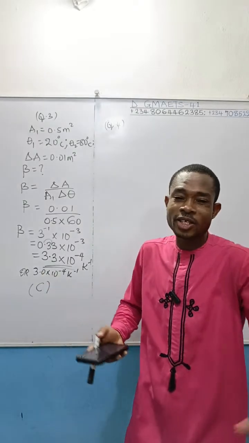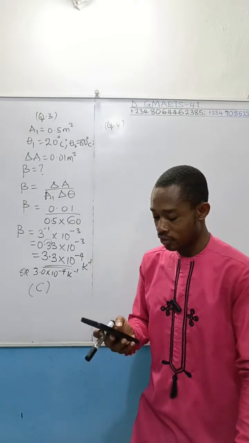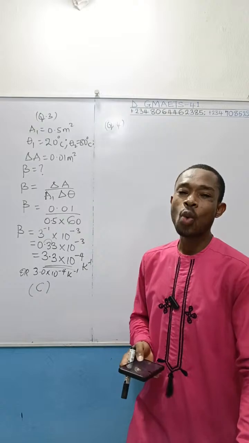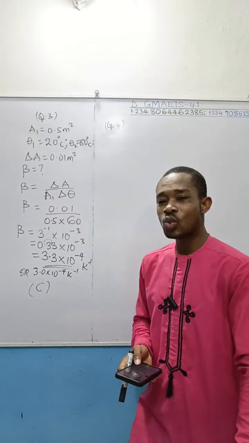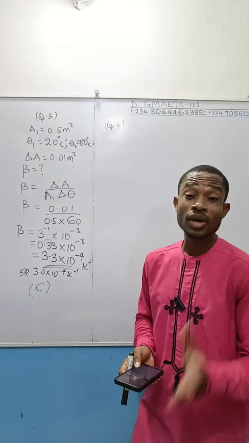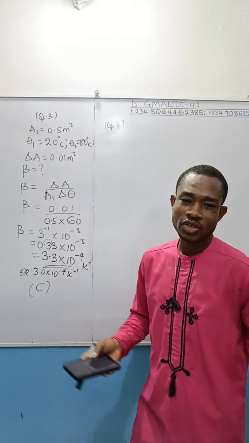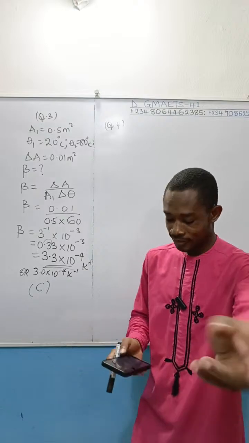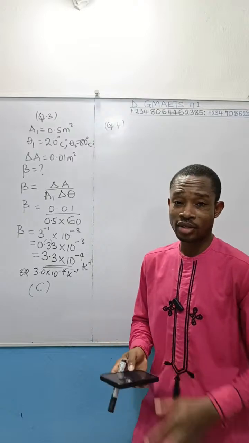Based on personal experience and how these coefficients are given in standard form, I'm expecting 1.1 times 10 to the power of minus 6. That's what I'm thinking of, but who am I to change the question provided? I'm going to solve with that 11 times 10 raised to the power minus 6.